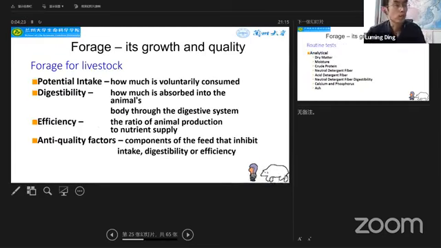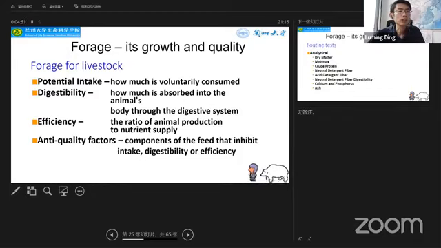So there are some definitions we need to explain for the forage. Potential intake: how much is voluntarily consumed by the livestock. Digestibility is how much is absorbed into the animal's body through the digestive system. The efficiency of forage means the ratio of animal production to nutrient supply.